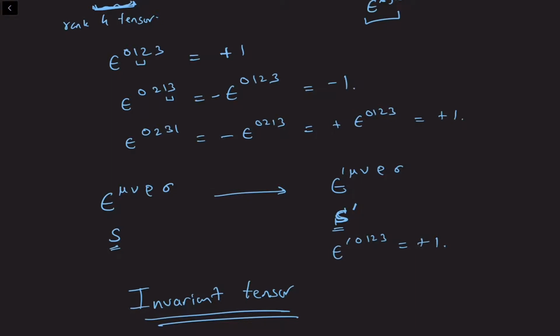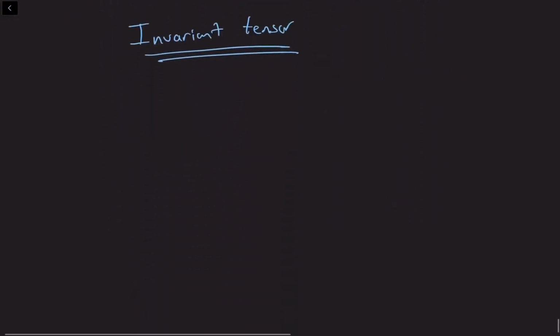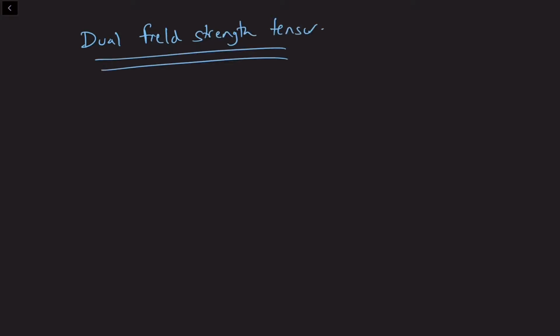Now, using this Levi-Civita tensor, we can define a dual field strength tensor, which is also contravariant. This is denoted as F twiddle mu nu, which is written as half epsilon mu nu rho sigma F rho sigma.